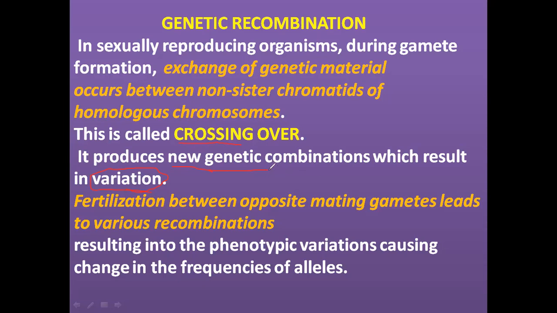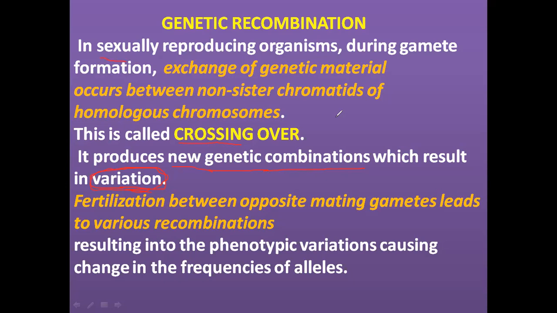So as the genetic recombination takes place, it leads to variation, and variation is very essential. It is due to sexual reproduction. We cannot see variation in asexually reproducing organisms like fission or fragmentation.